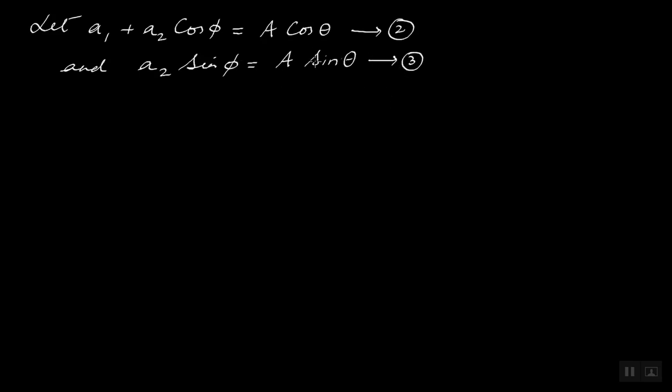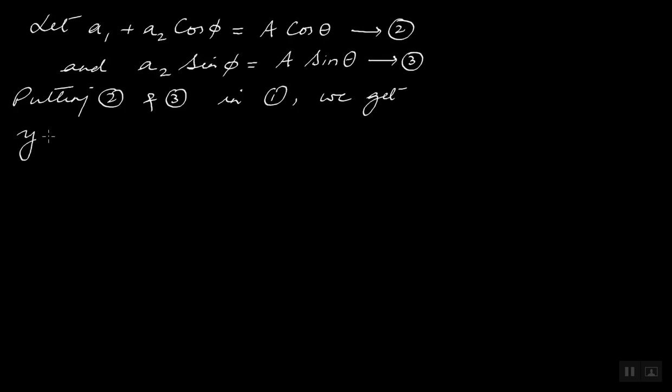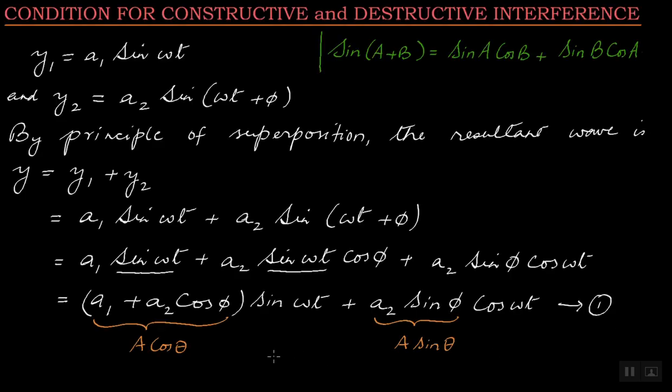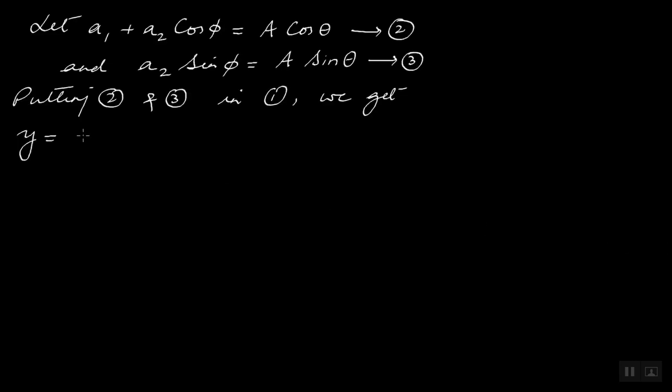So substituting 2 and 3 in equation 1, we get the resultant wave y to be equal to a cos theta sine omega t plus a sine theta cos omega t.